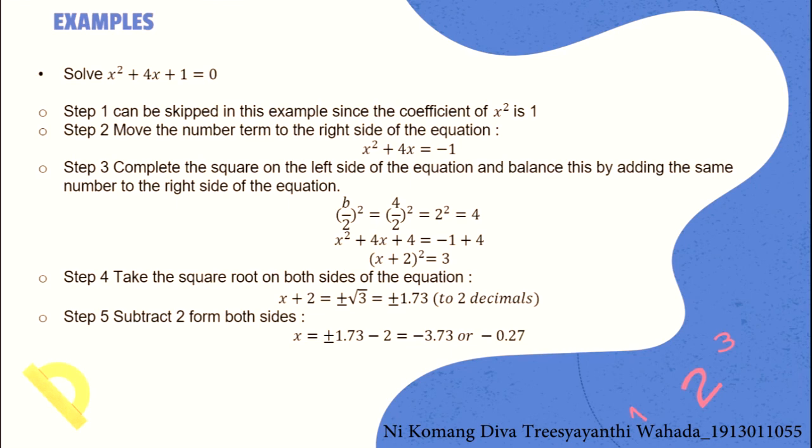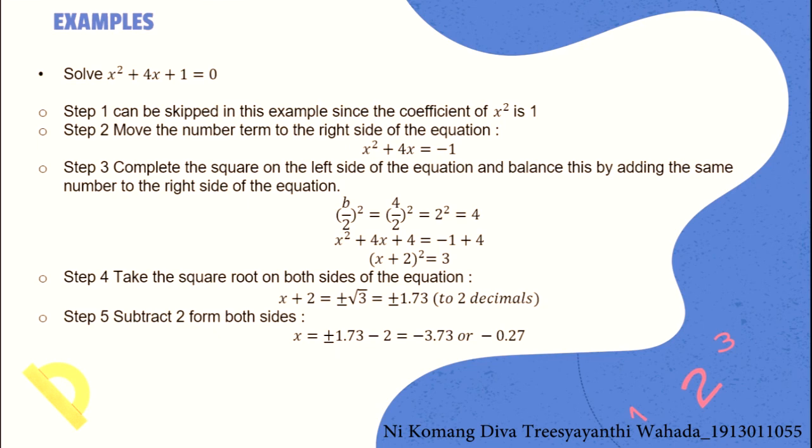Step 4. Take the square root on both sides of the equation. x plus 2 is equal to plus or minus root 3, which is equal to plus or minus 1.73 to 2 decimals. Step 5.